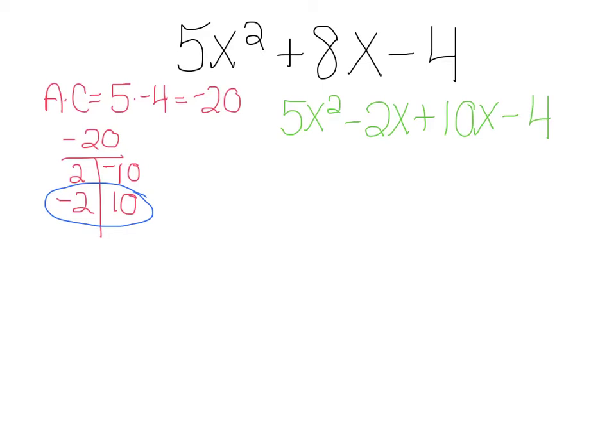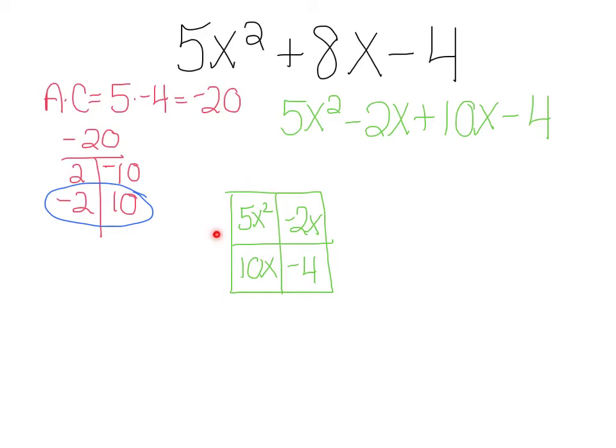I can make the box. This is my area, so I'm going to write in 5x squared, negative 2x, 10x, and negative 4. I'm looking for what's common in each of the columns. So with 5 and 10, we can pull out a 5, and with x squared and x, we can pull out an x.